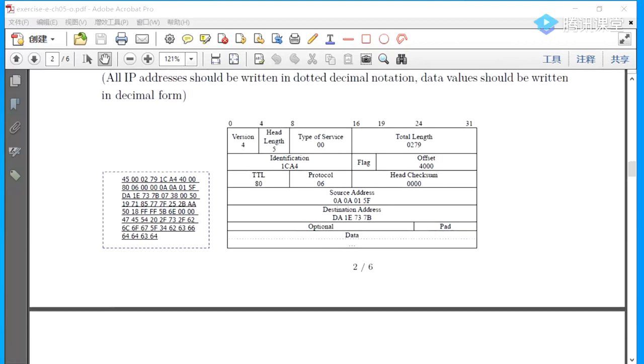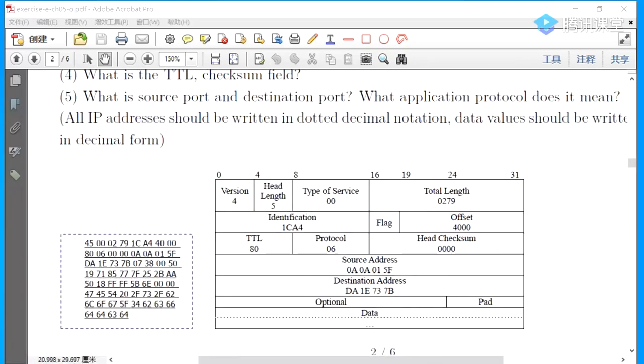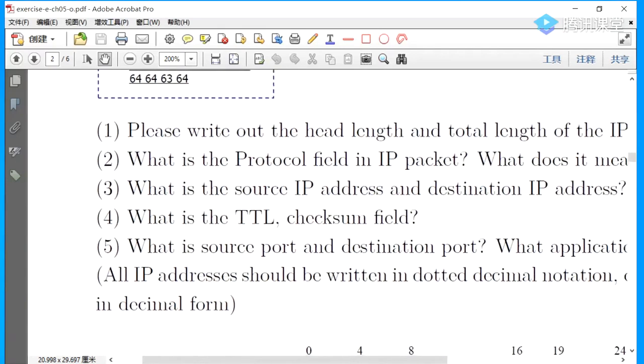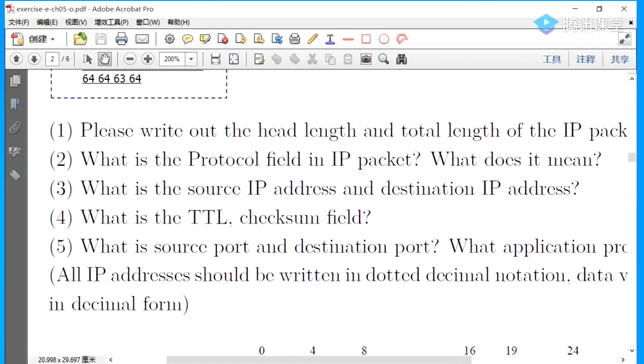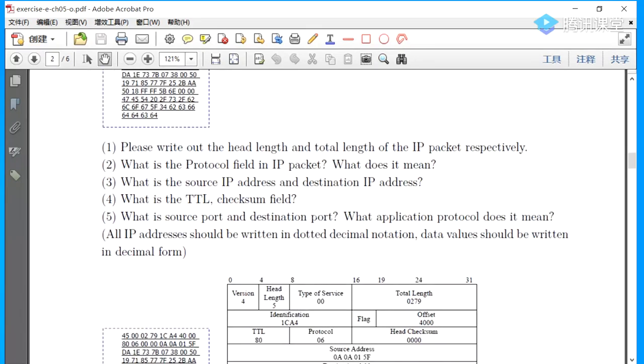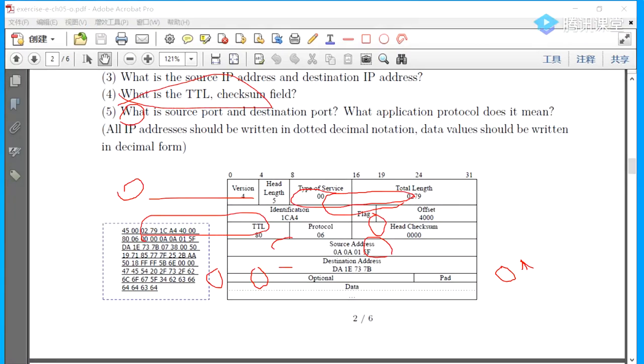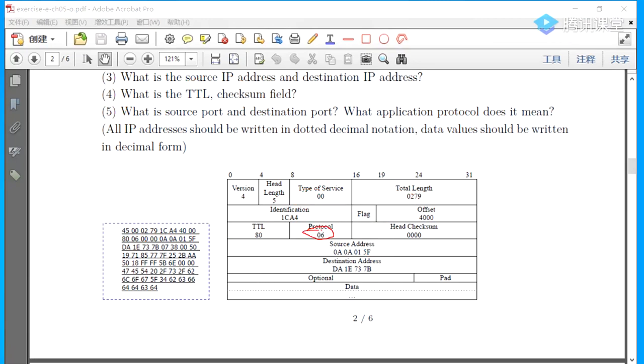Then just now we filled the information into the IP packet, right? Now the question is, what is the protocol field in the IP packet? What does it mean? The protocol field, we find 06 is filled into the protocol field, right?